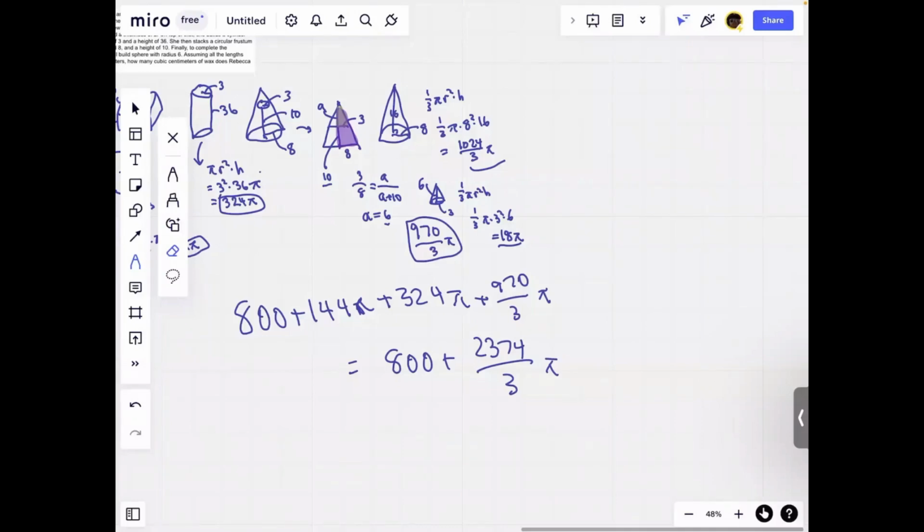So this comes out to 800 plus 2,374 over 3 pi, which is our answer.